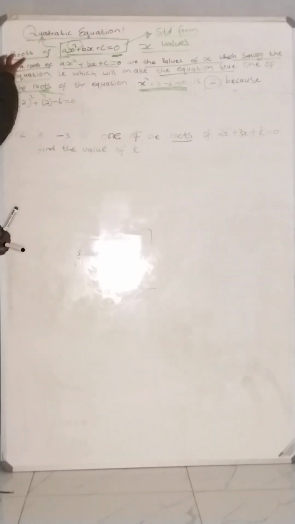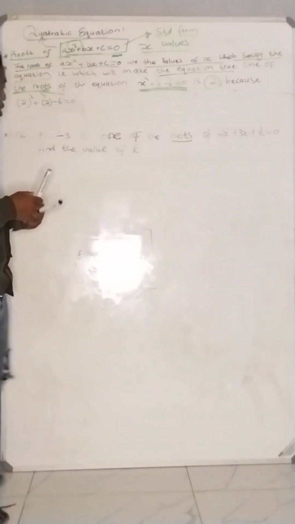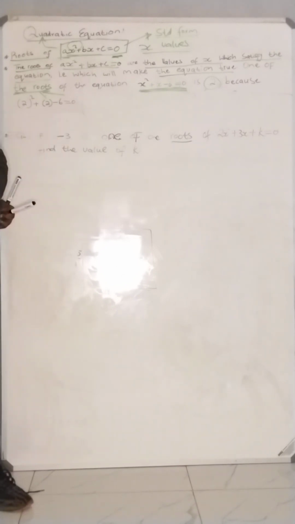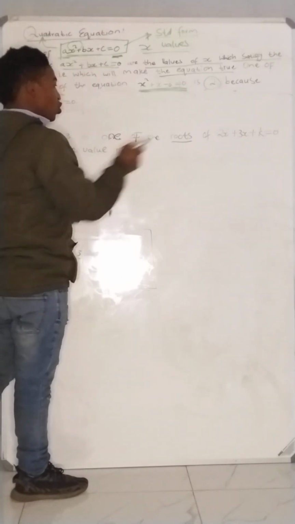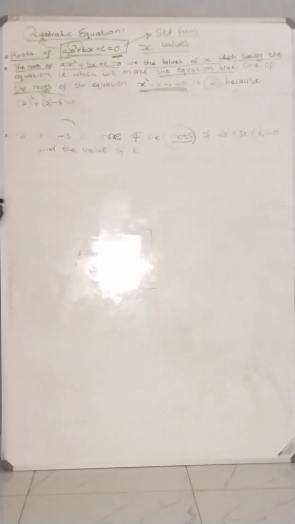So if you grasp the introduction, you will understand that when they talk about the roots, they're actually implying that this minus 3 is the value of x.